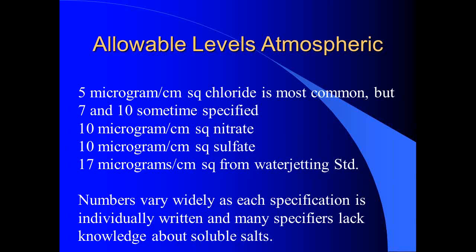So if you're taking the water jetting numbers and using them on a dry blast job, it doesn't apply to anything but water jetting. It really shouldn't be used. It causes real confusion on the job site because nobody knows whether it's right to use it or not, because it tells you not to.